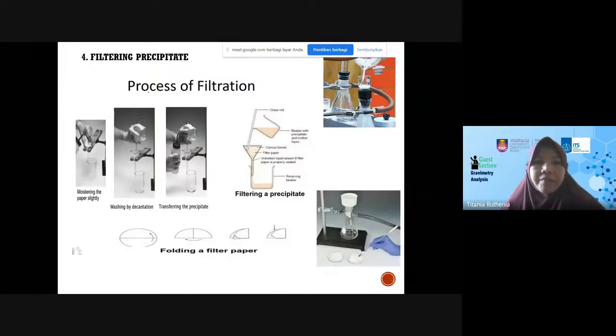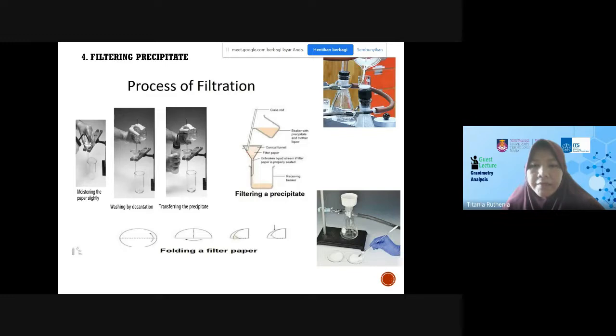The fourth step is filtering. This is the process of filtration. This is folding the filter paper and putting it in the funnel like this, and then moistening the paper and washing by decantation and transferring the precipitate like this. This is the glass rod. This is the beaker with the precipitate and mother liquor.